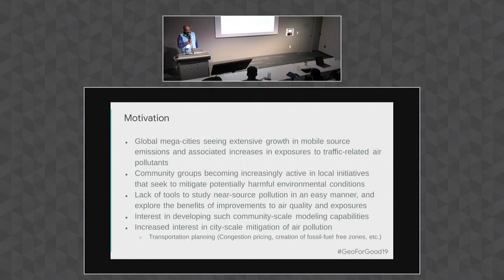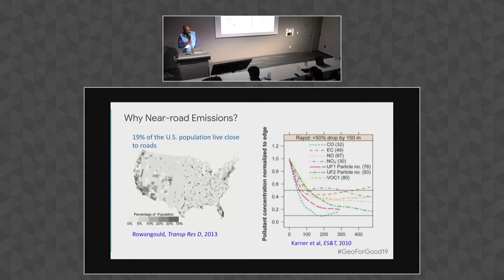More recently, you may have seen initiatives about transportation planning, specifically congestion pricing, i.e. New York City, or creation of fossil-free zones, i.e. London. So there's a lot of interest in community scale tools. So we started thinking about how to come up with a tool which could lead to some contributions in this direction.